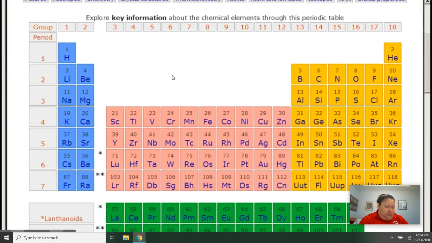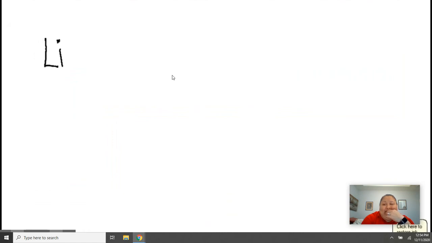First, we'll start with lithium. If we go back to the periodic table, we see that lithium is in group 1, so it has 1 valence electron. So that means you have 1 dot around your atomic symbol. So that is your electron dot representation for the lithium atom.